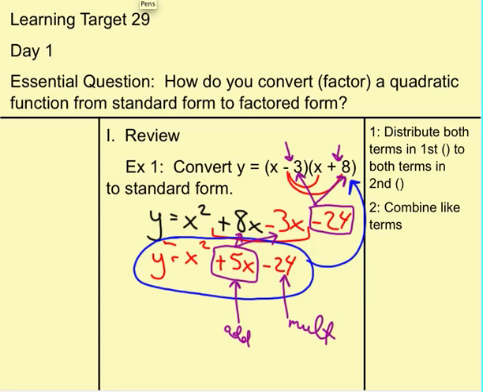And because you can multiply in any order, if we had started with y equals x plus 8 times x minus 3, we would have gotten the exact same answer when we multiplied them together.